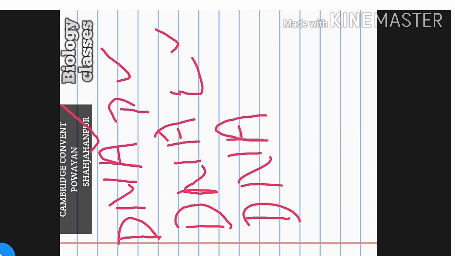This DNA we will purify by using protease for removing the protein, and for removing the lipid we will use lipase, for purification of the DNA.